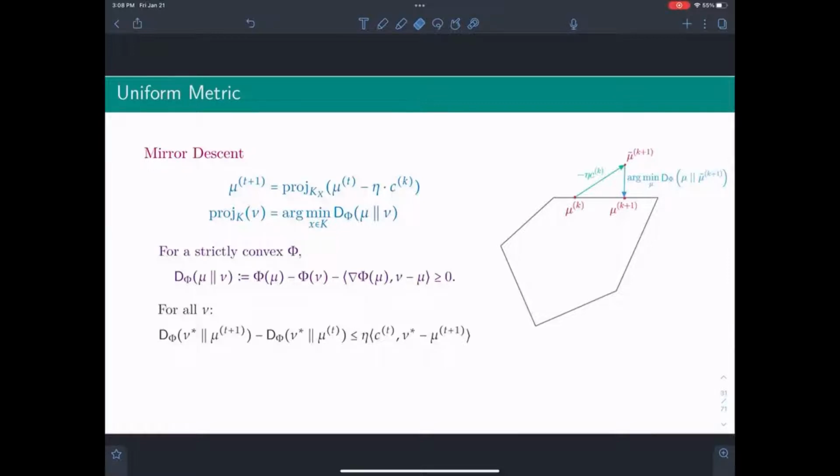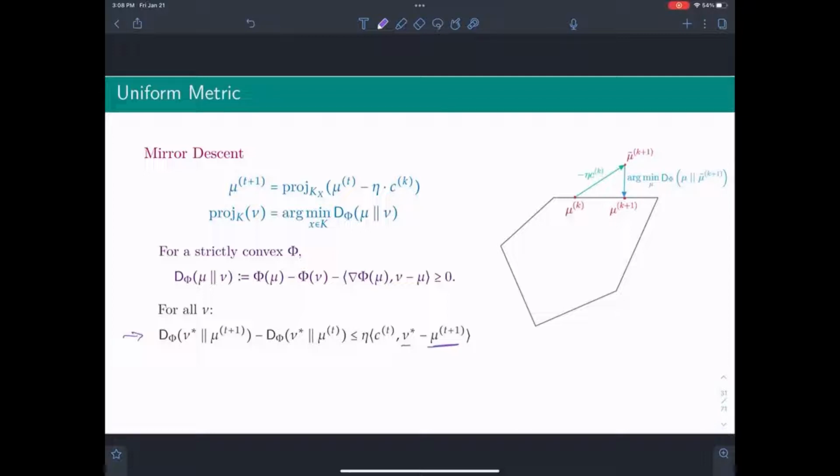More precisely, if we do this step with this Bregman divergence as described above, then for any point nu star, this inequality holds. What this is telling us is that if our algorithm, staying at mu t or mu t plus 1, pays more cost than nu star, then it would get closer to nu star in terms of the Bregman divergence.